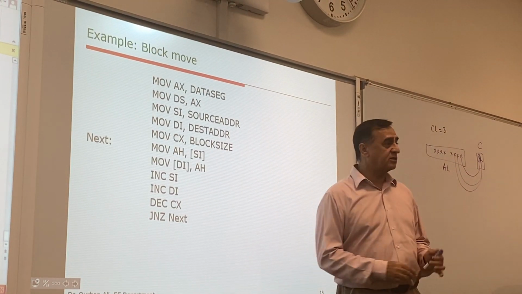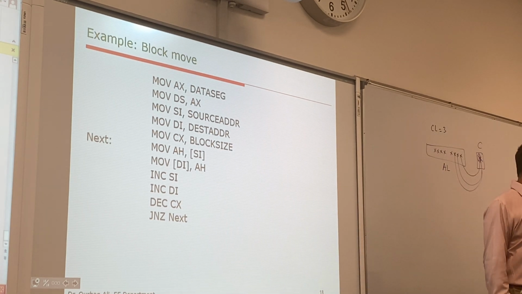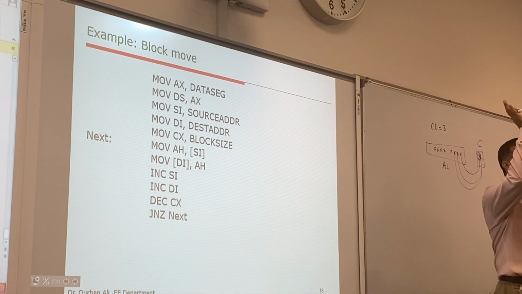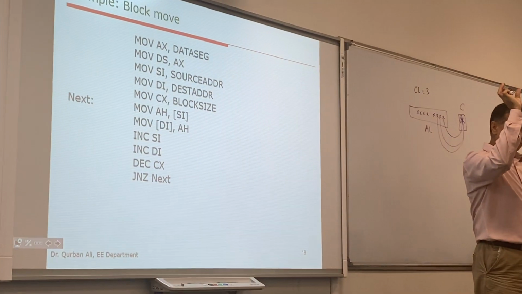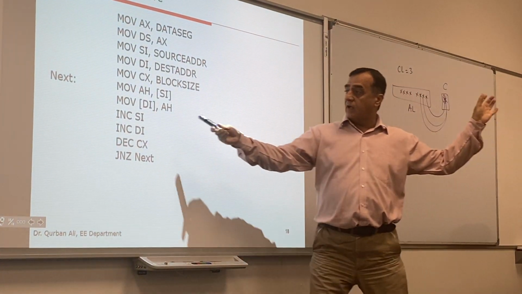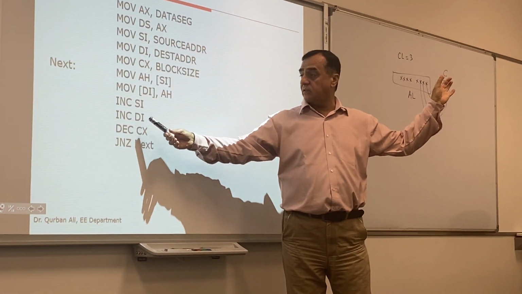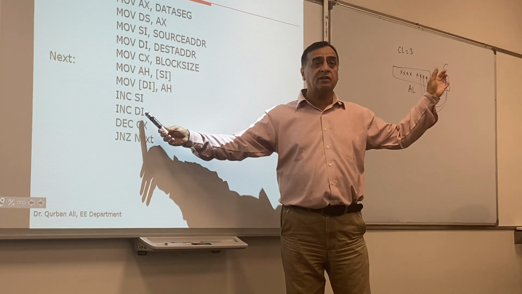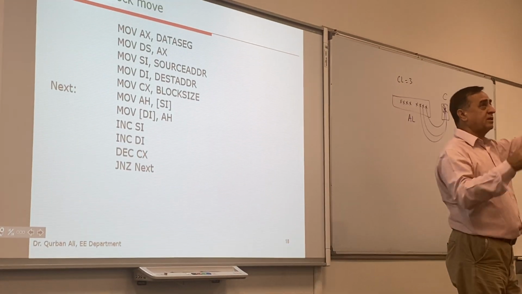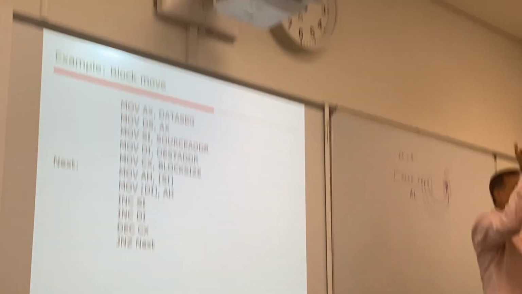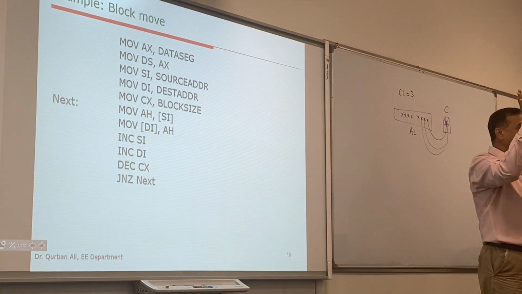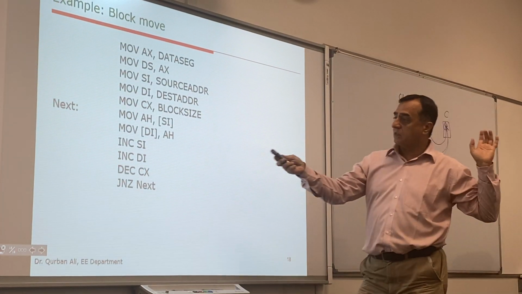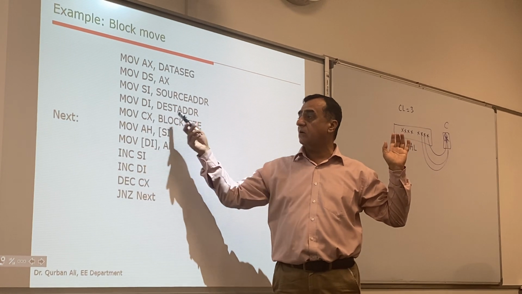So I am reading a byte from the source and placing it into memory. And then I am incrementing the address, and incrementing the other address too. So first I place from here to here, then I went to the next address, right? So I am increasing the addresses and decrementing the counter.